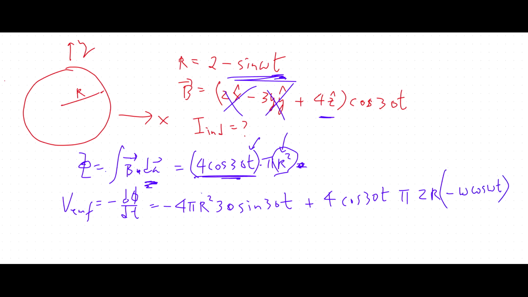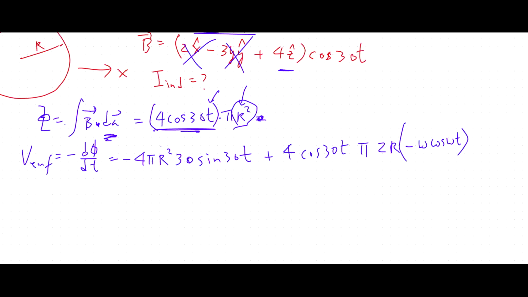So simplify a little bit. I have a 4π. I have a negative. Oh, the negative cancels with this negative. So actually negative of everything, because of this negative here. So 4π, I'm going to take one out.